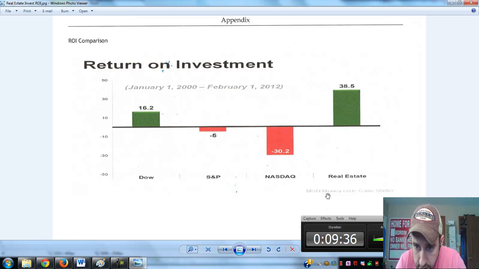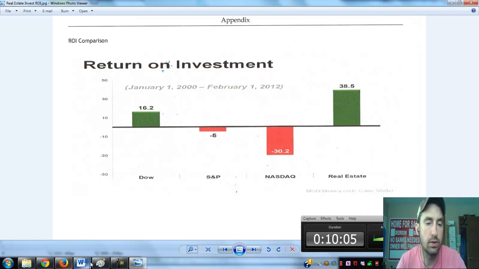This is a Case Shiller type of ROI comparison, from January 1st, 2000 to February 1st, 2012. So this is going to be over 10 years, okay? If we compare the returns from the Dow, the S&P, NASDAQ, and real estate, it kind of speaks for itself, guys.